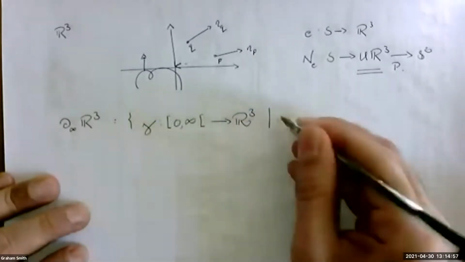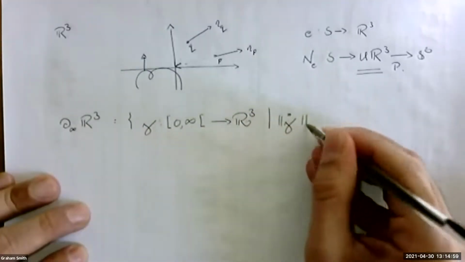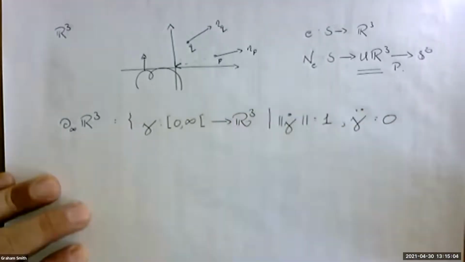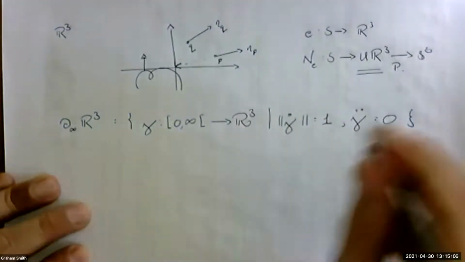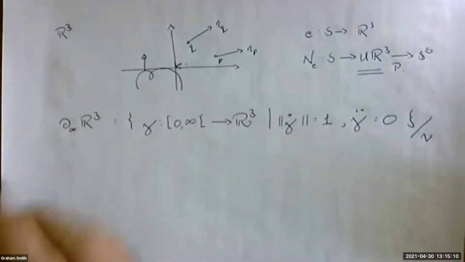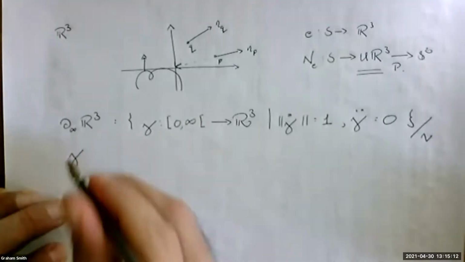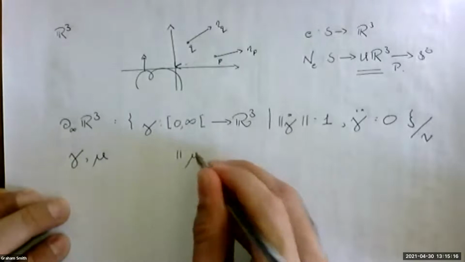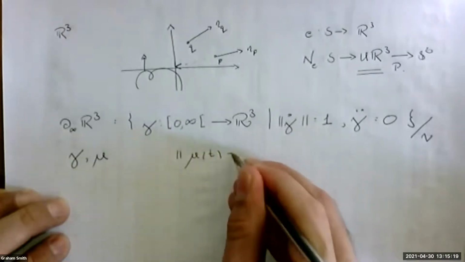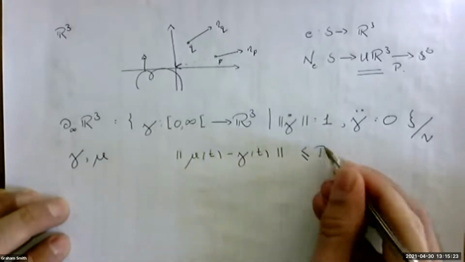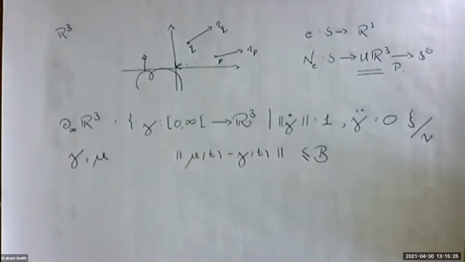So here gamma is a geodesic of unit speed. And we divide this space by equivalence, where two geodesic rays, gamma and mu, are deemed equivalent if the distance between them remains bounded for all time.